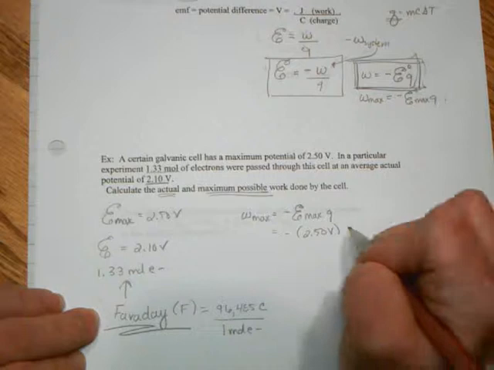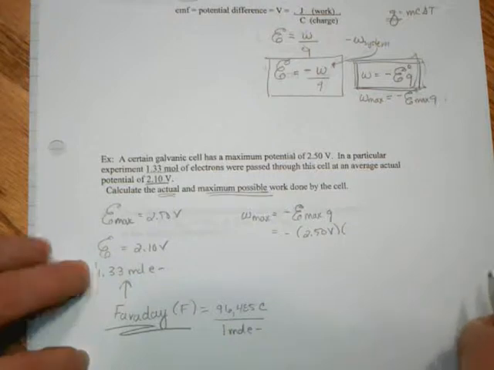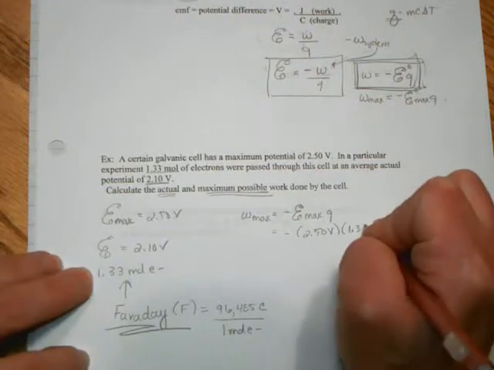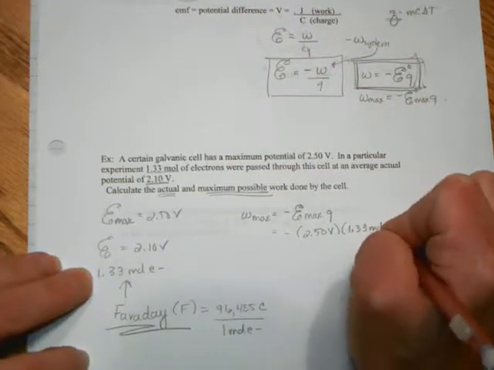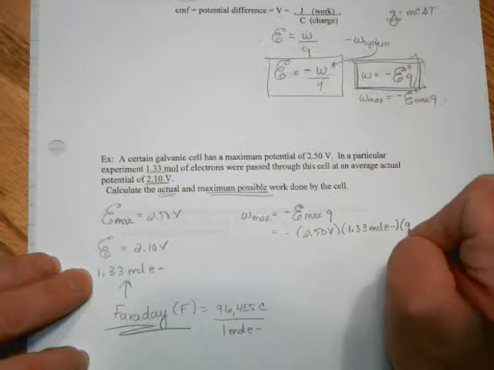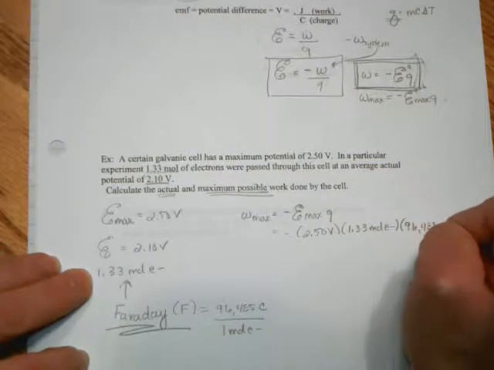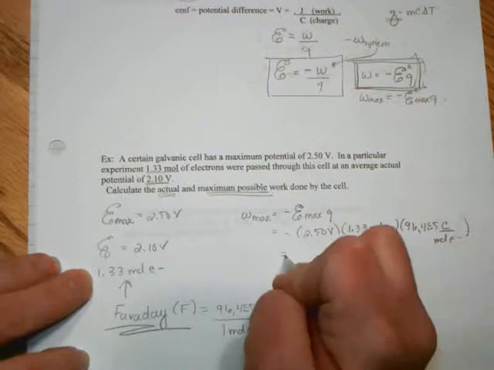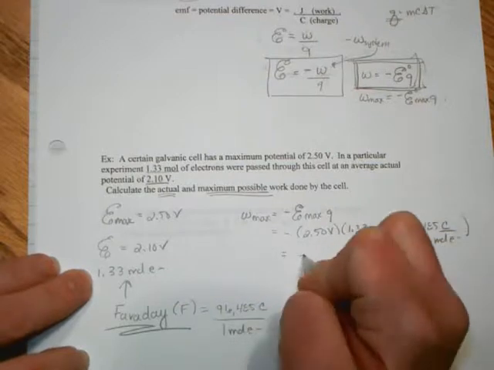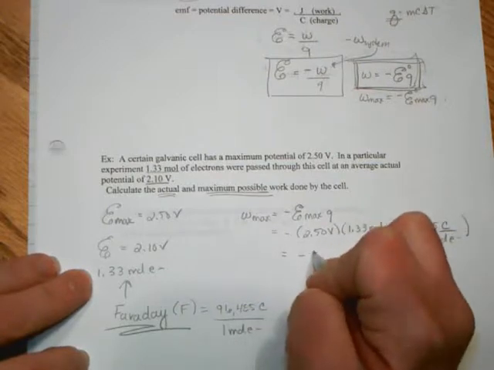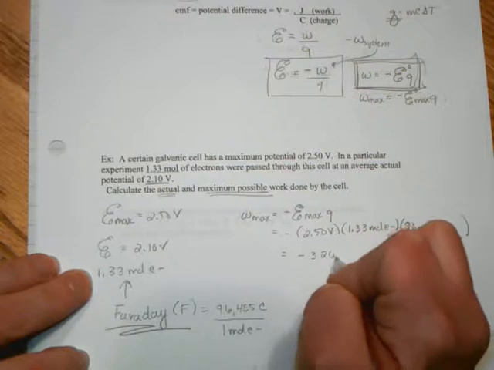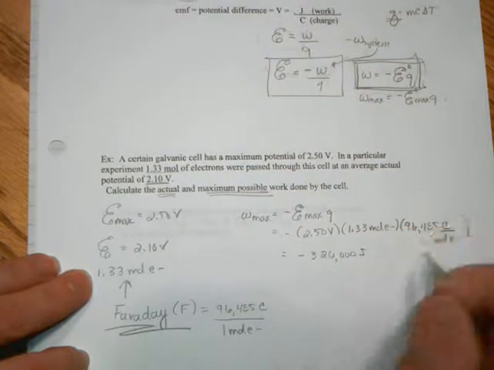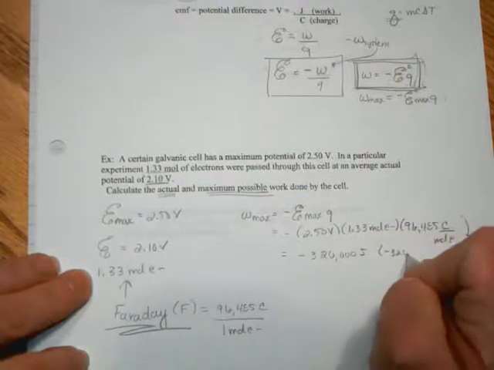So, if we want the entire charge, we need to take the moles of electrons times a Faraday. And here, the maximum amount of work is negative 320,000 joules, or negative 320 kilojoules.